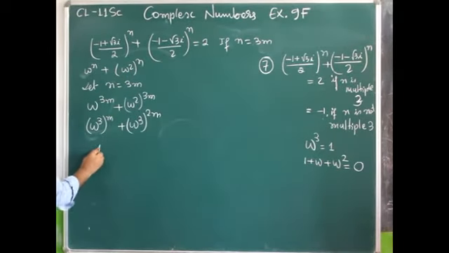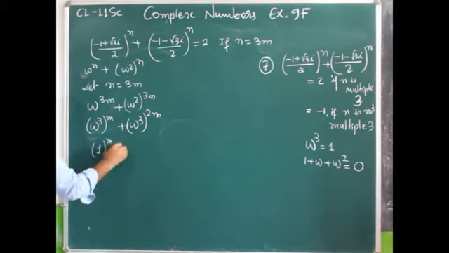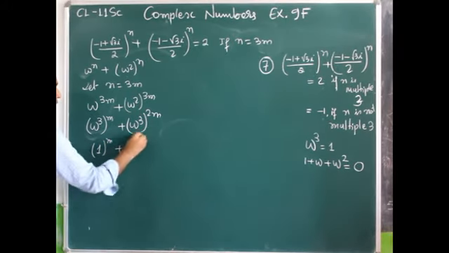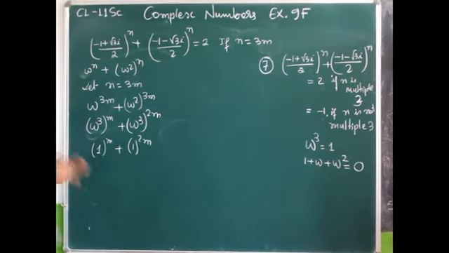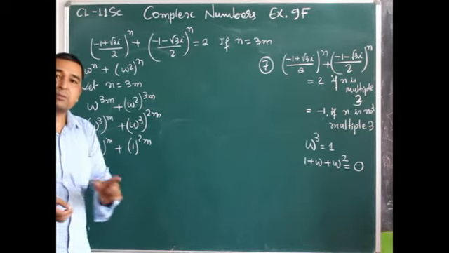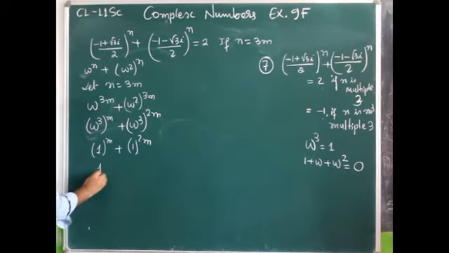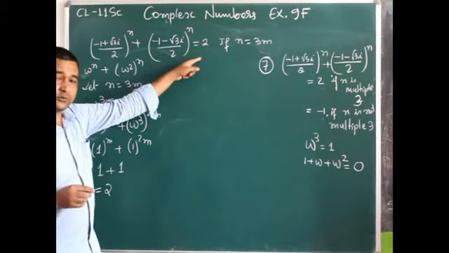Then this is 1 to the power m plus 1 to the power 2m. 1 to the power any number is always 1. That's why it is 1 plus 1 equals 2. Now we got the answer.